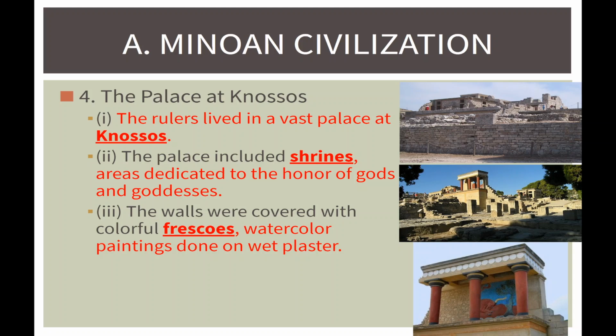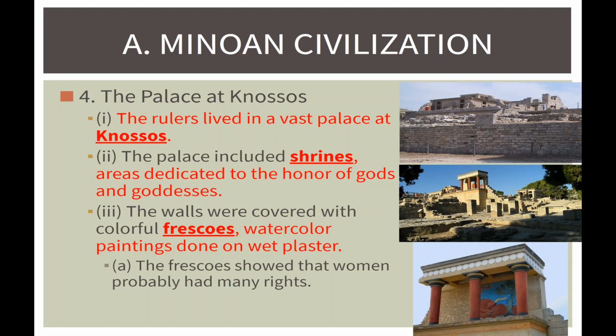Most civilizations, especially the struggling ones, are focused just completely on food. These frescoes showed that even women at this time had many different rights as well, and so this is kind of an interesting time period that women in this civilization, at least, were able to have many different rights.